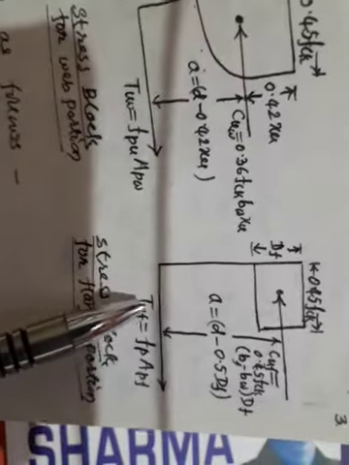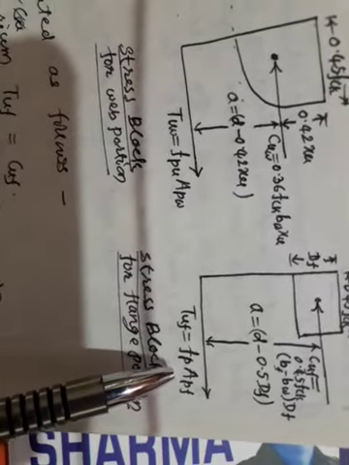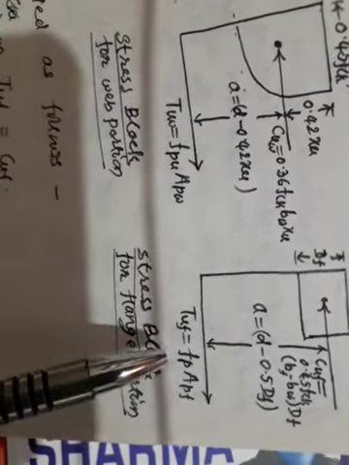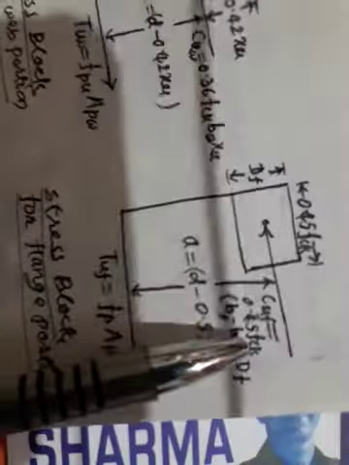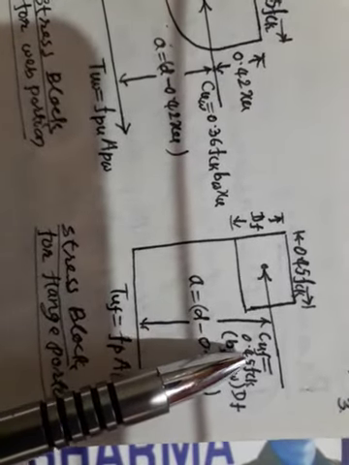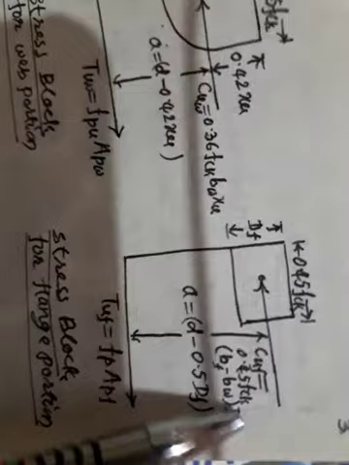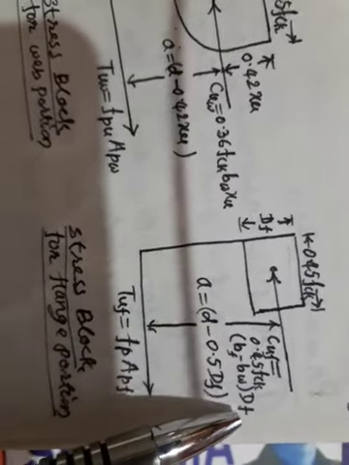At the CG of the steel, the TUF force is now acting. So TUF I can write as FP into APF. APF is the pre-stressing steel required for the flange portion. Stress into area will give me TUF. Similarly, CUF is given as, the average stress is 0.45 FCK and it is acting on an area of BF minus BW into DF.